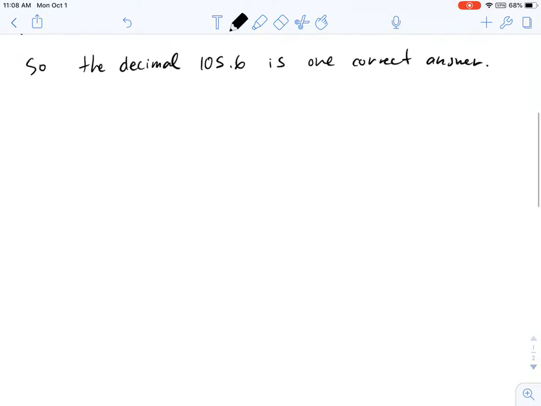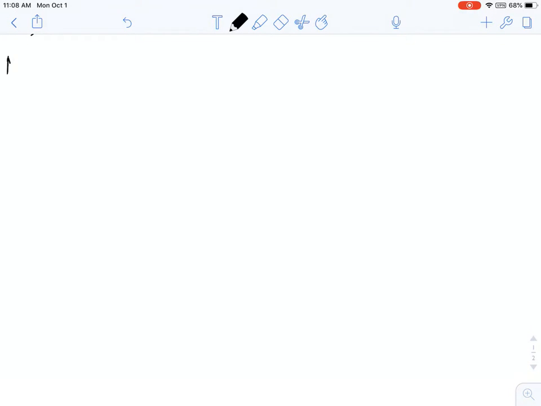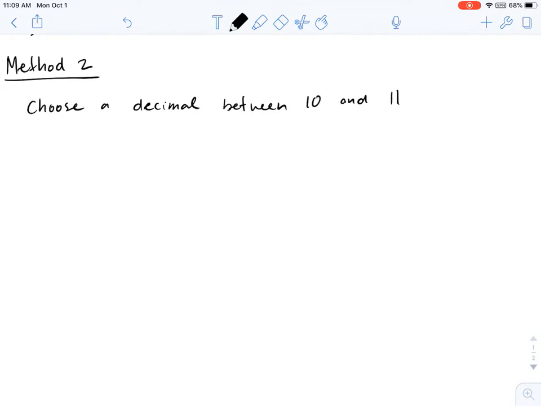So method 2. Method 2, you could choose a decimal between 10 and 11.